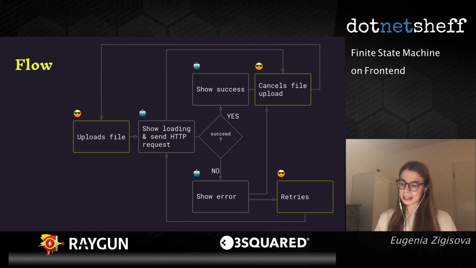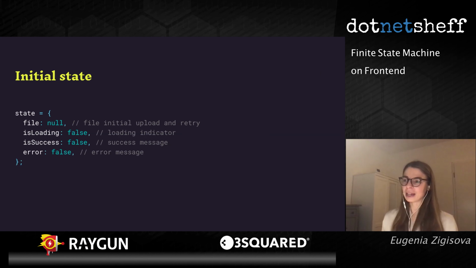Typically, when such a flow needs to be implemented, a developer, at least from my experience, including myself, would approach the situation in the following way. Just in case, I'm mostly working with React, and these examples are based on pieces of code from React.